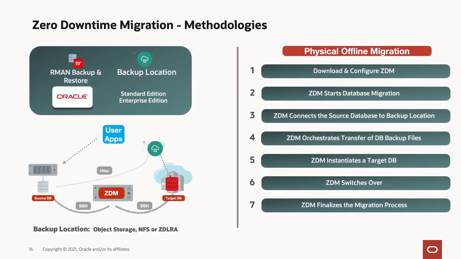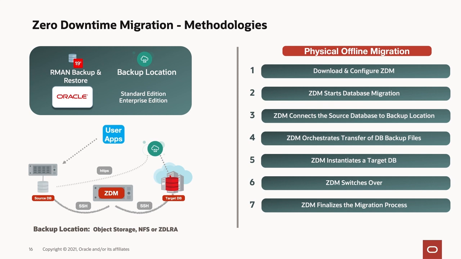Here we have an overview of how ZDM's physical offline migration works. As you can see, this is perfect for Standard Edition customers, but also used by Enterprise Edition customers. For physical offline migration, ZDM uses an RMAN backup and restore methodology. The way it works is as follows. You download and configure ZDM and provide all the relevant information in ZDM's response file.